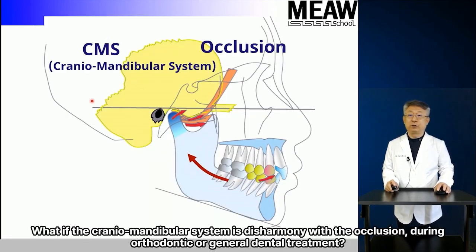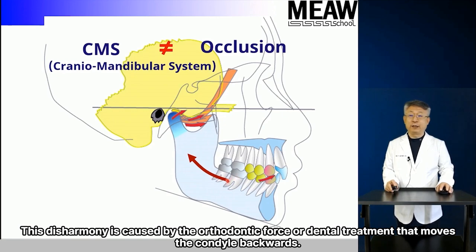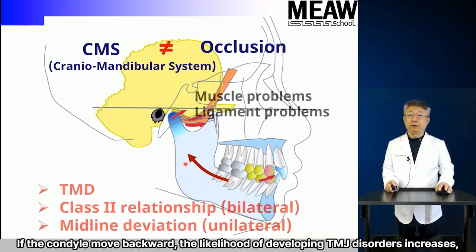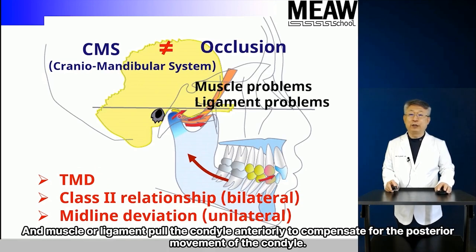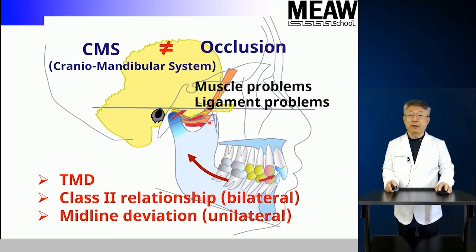What if the cranio-mandibular system is in disharmony with the occlusion during orthodontic or general dental treatment? This disharmony is caused by the orthodontic force or dental treatment that moves the condyle backwards. If the condyle moves backward, the likelihood of developing TMJ disorders increases, and muscles or ligaments pull the condyle anteriorly to compensate for the posterior movement of the condyle.